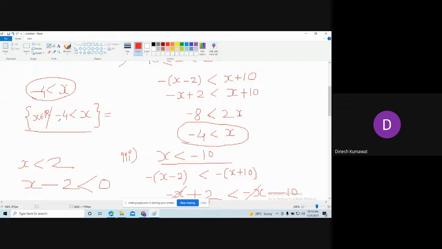First of all, tell me, is this -4 a lower bound on x or an upper bound on x? Lower bound. Now observe, is -4 included in this set? No, sir. So we write an open interval at -4. And do we have any upper bound on x? No.